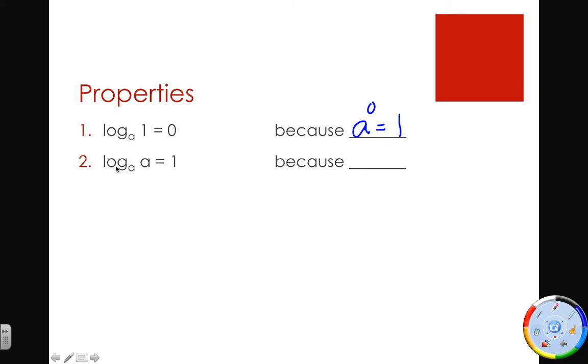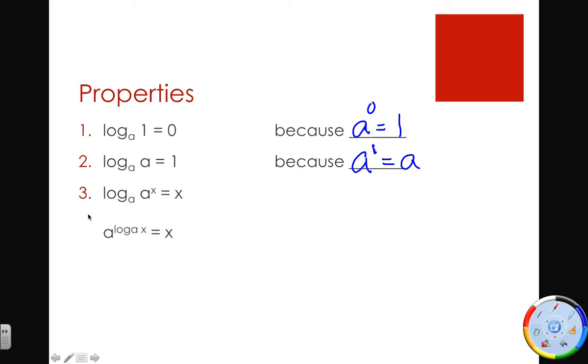Likewise, if you take log base A of A, if you take the log base A of itself, it's equal to 1 because A to the first power is equal to A.